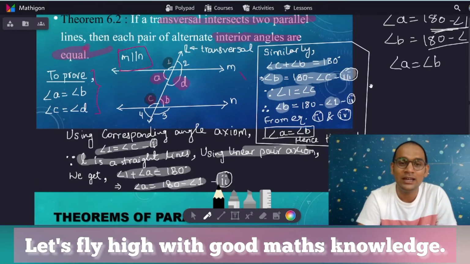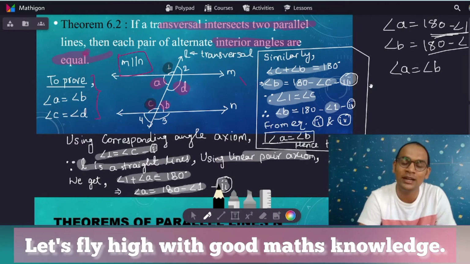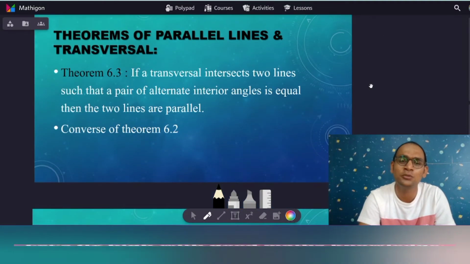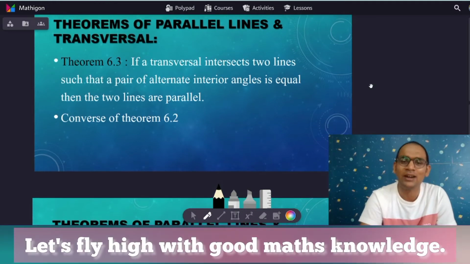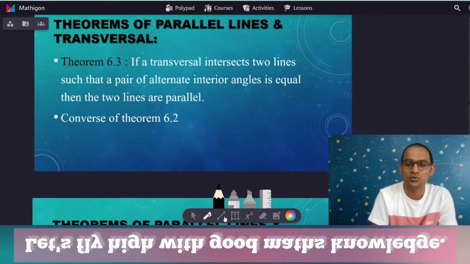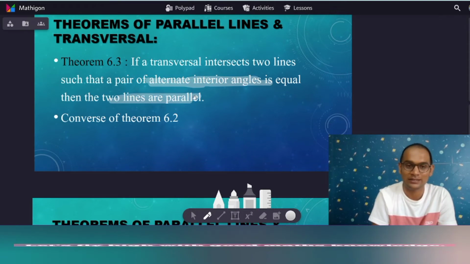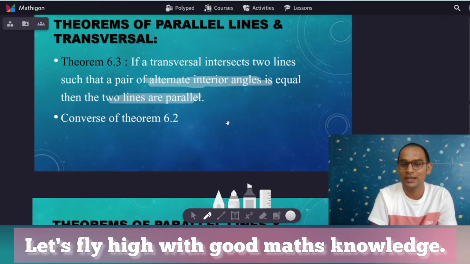Over here, we have been given that M is parallel to N, and as a result, alternate interior angles are equal. So what should be the converse? If a transversal intersects two lines, and in that situation we get that a pair of alternate interior angles are equal, then the two lines are parallel. Over here, what is the condition?